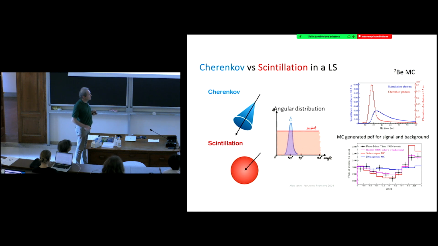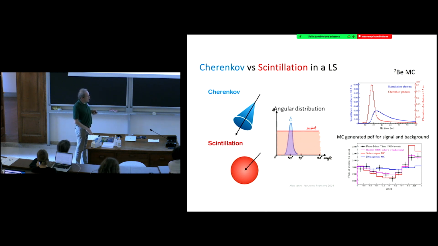Scintillation light is produced with a decay time of the order of a few tens of nanoseconds, and it's isotropic. So one can build PDFs from Monte Carlo to really simulate this and predict this feature of the scintillation light produced.